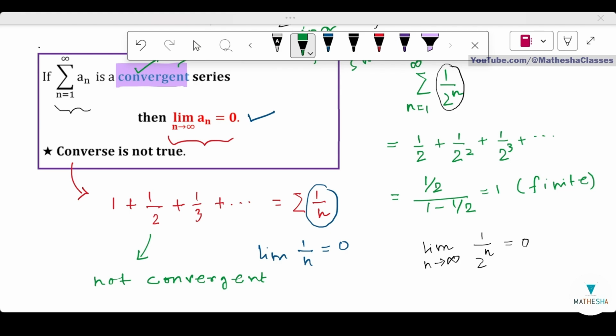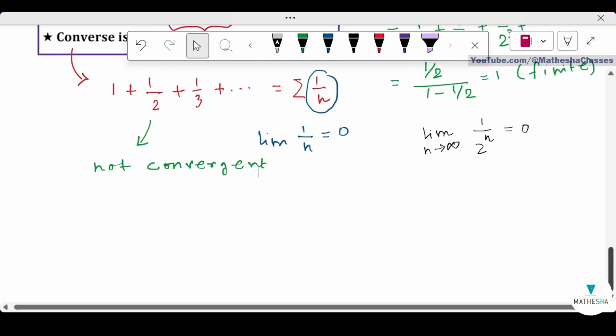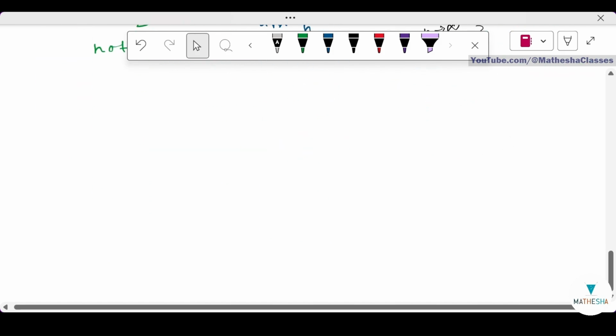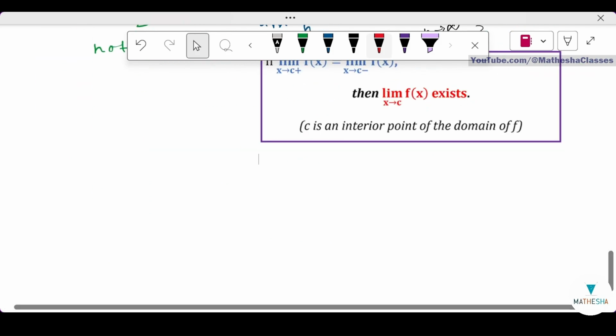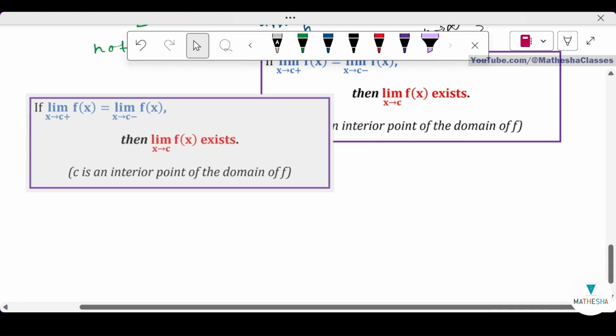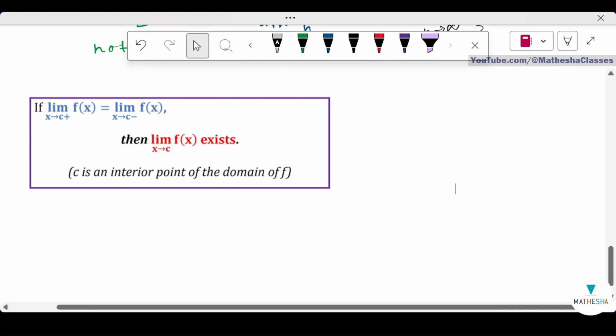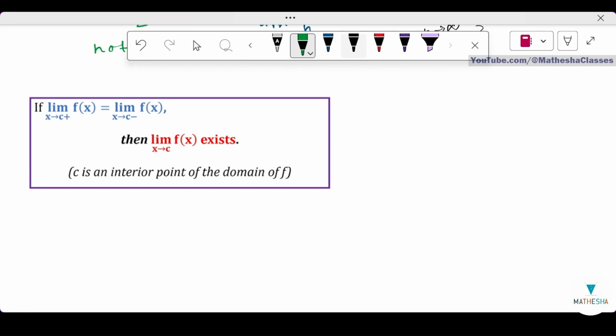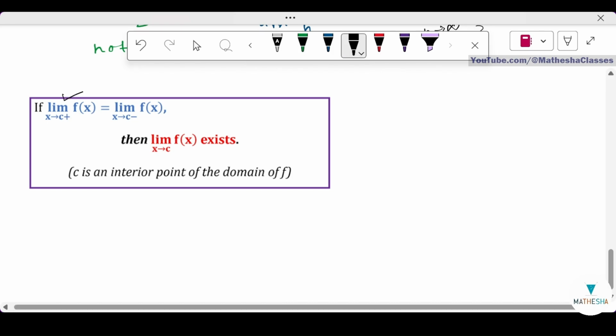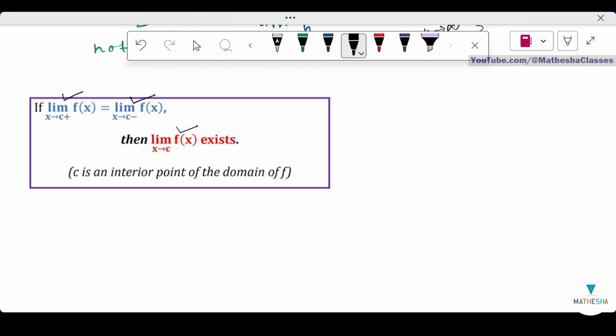limit part. So from limit, the first result that we will discuss is the following. That basically involves the definition of limit. जब किसी भी फंक्शन का right hand limit and left hand limit exist करता है and they are equal, then we'll call limit to be existed at that point.